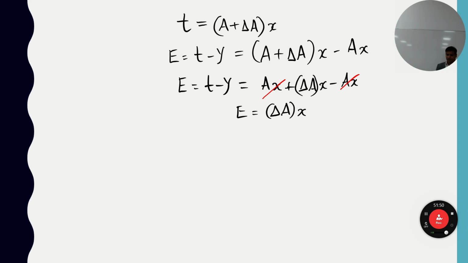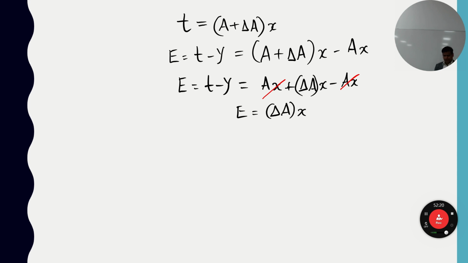Delta A times X. So it's quite remarkable. The error E is related to delta A in a very simple way. It's a very simple thing that we have seen so far, but we can see how things are corrected one by one. A simple relationship makes us have everything in order.